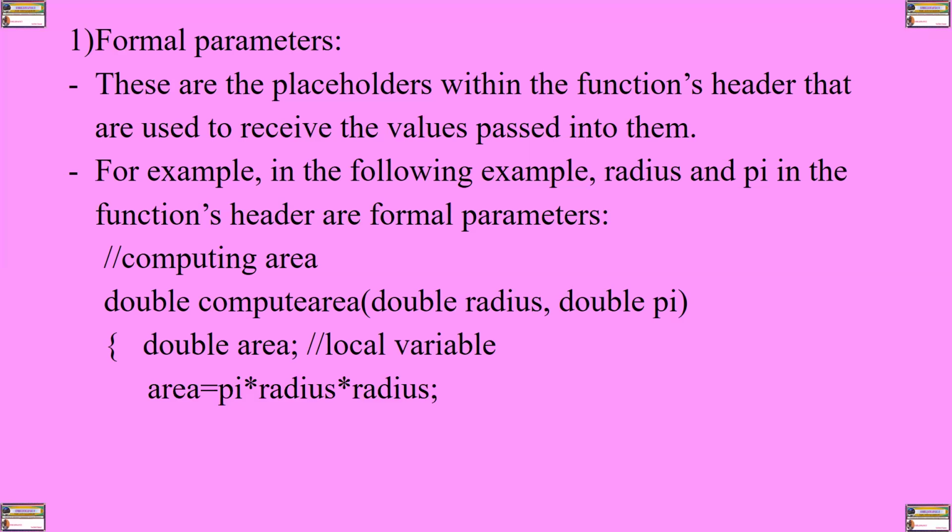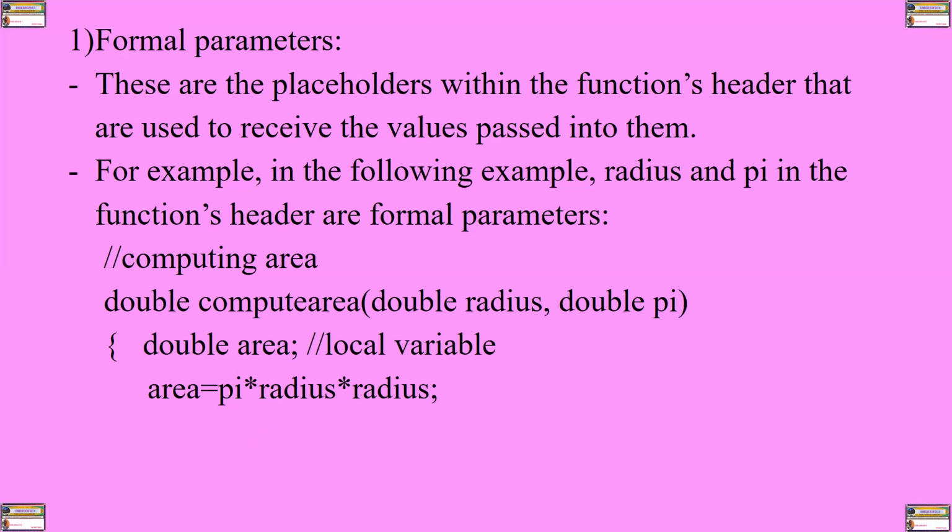So by the end of the execution of this statement, we expect that in the local variable called area there will be a certain figure. That is the figure that is sent back to the function that has invoked the execution of the function called compute area.